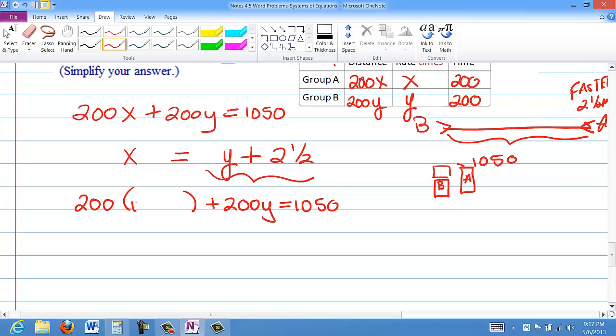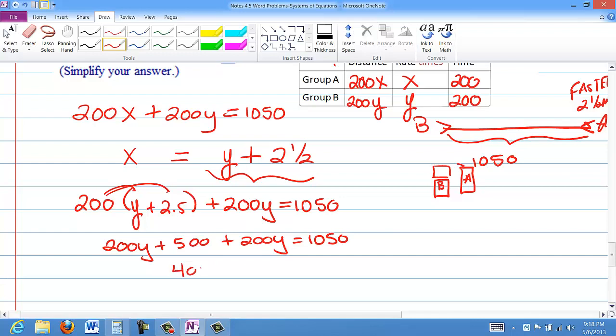Take the y plus 2.5, put it inside the parentheses. Now let's go ahead and solve. So first we distribute: 200y plus 500 plus 200y is equal to 1050.